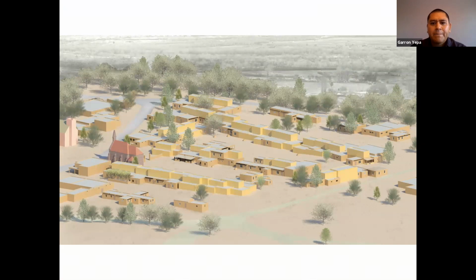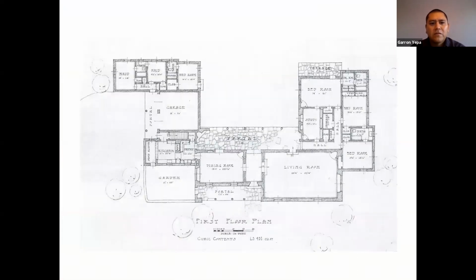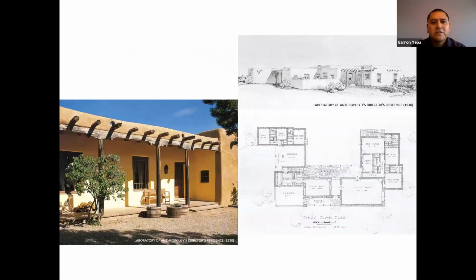And so going back to John Gaomin's approach to residential architecture, adjacencies and connections to the outdoors were very prominent in his designs. And he's working through turn of the century, early 20th century clients right here in the Santa Fe region, and using these understandings that he's seen from the tribal communities to work for his clients.